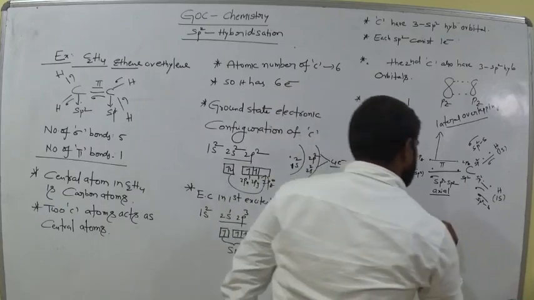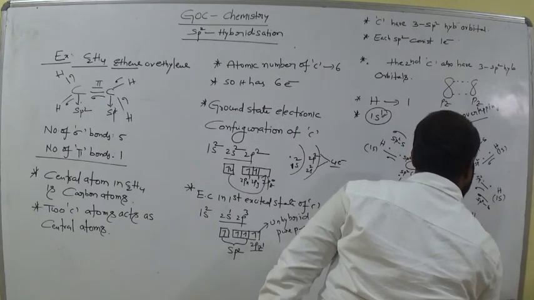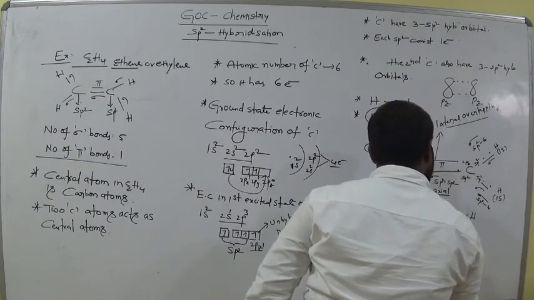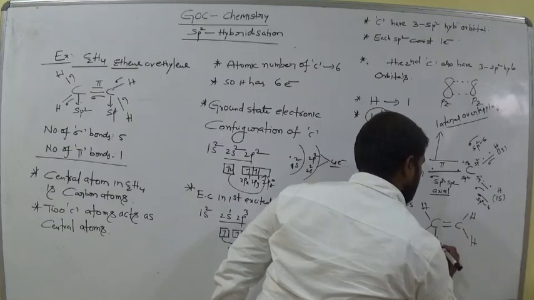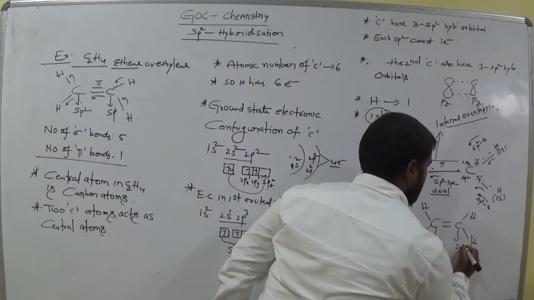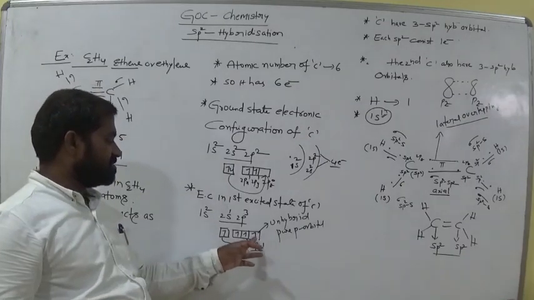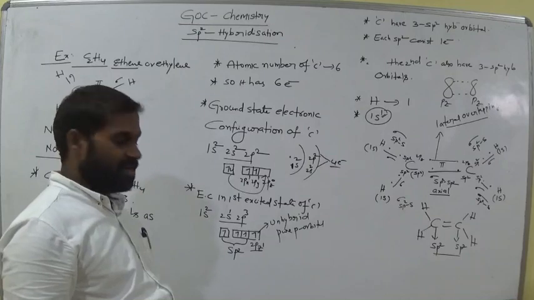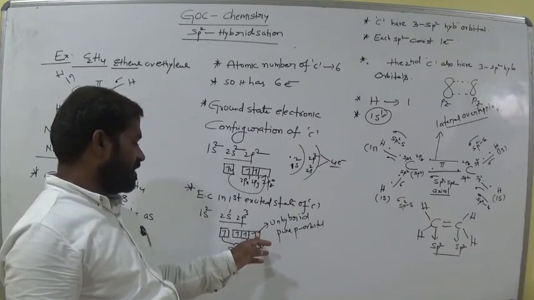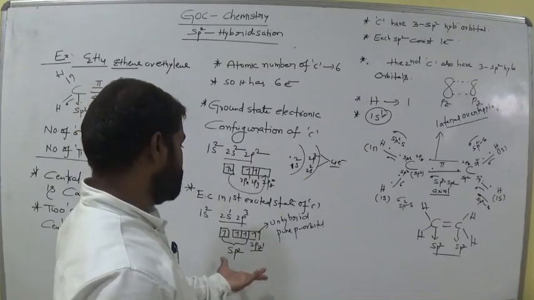So finally this structure is simple, you can remember this, with hydrogen. Which hybridization? Carbon is bonded with sp2. Now tell me the number of unhybridized orbitals here. In this case of sp2 hybridization, for carbon 1 it is 1, for the second carbon 1, total 2.